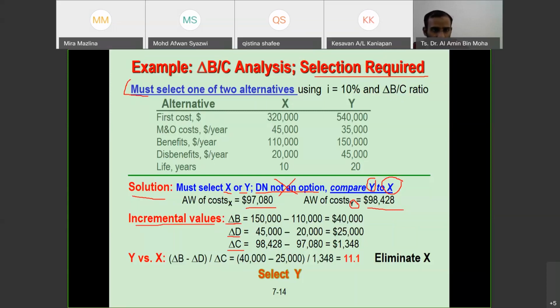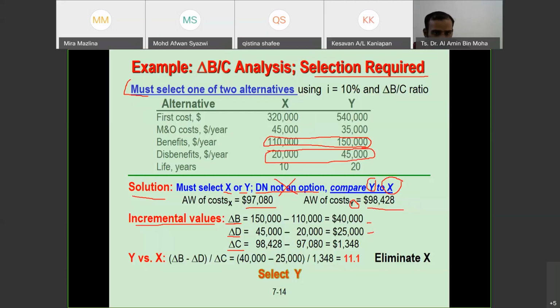For benefit, 150K minus 110, you got 40K. For disbenefit, 45,000 minus 20,000, the largest minus the smallest, you got 25K.